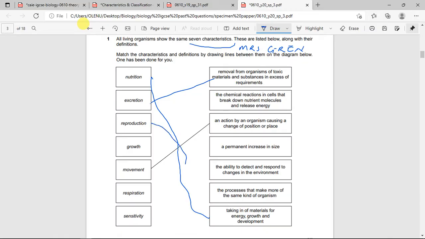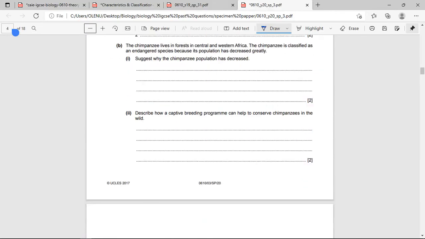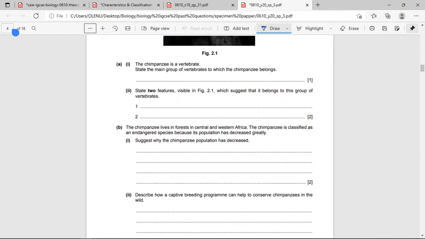Growth is the permanent increase in size and dry mass of an organism. Respiration is a chemical reaction that occurs in cells to release energy. Sensitivity is the ability to detect changes in the environment. So we've been able to do that.